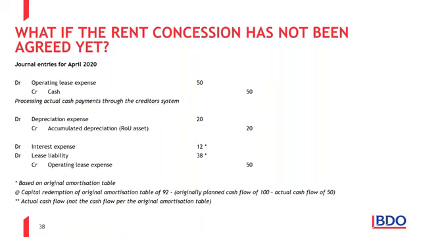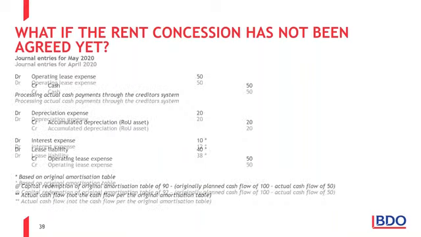Sorry, the capital redemption should be 88 from the original capital redemption, and then less 50 to get to the 38, because the actual redemption is just 38, and our operating lease cash flow should be the 50. It can't be the 100 from the amortization table because I've actually only paid 50.